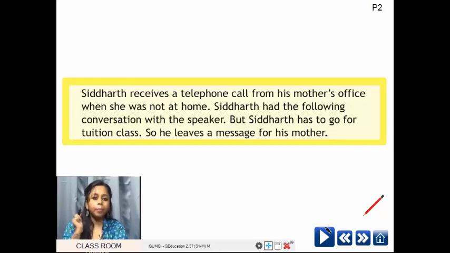He will not be there at home. When his mother comes home, Siddharth is not going to be at home. So what does he do? What will he do? Yes, he leaves a message for his mother. But before that, let's see what conversation they had, Siddharth and the office person. Okay?